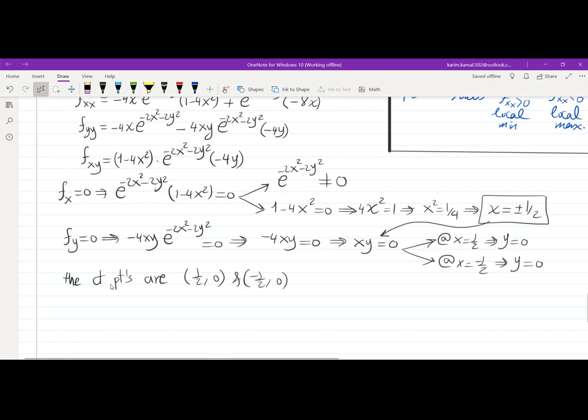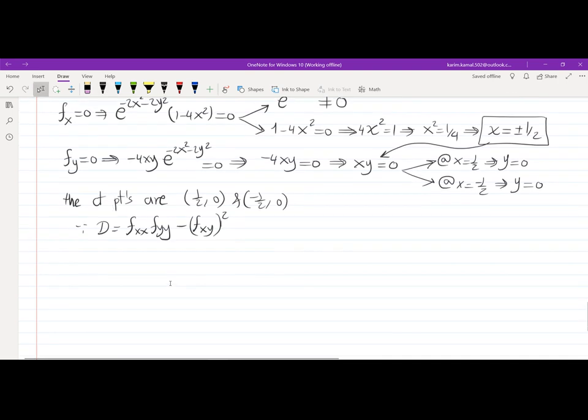Now you have to find the D value, since D equals fxx fyy minus fxy all squared. We can summarize what we got in a table like this.